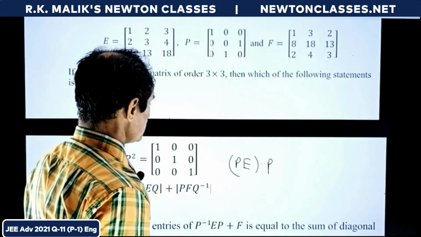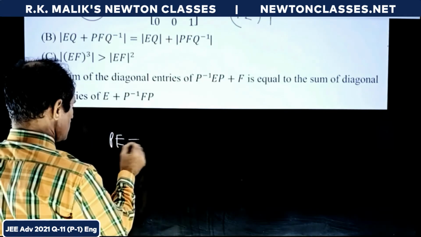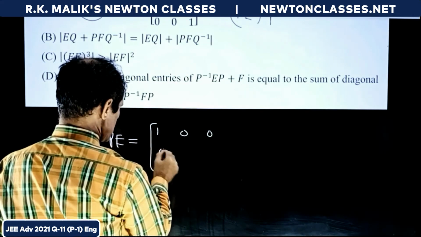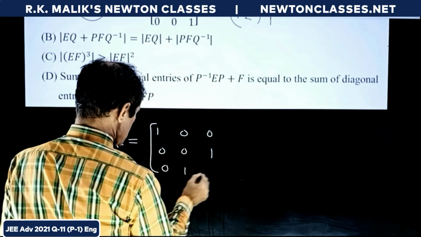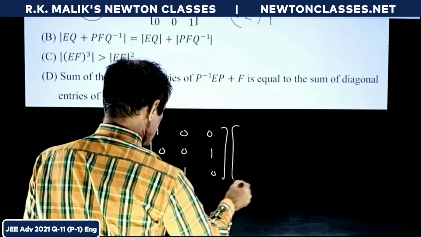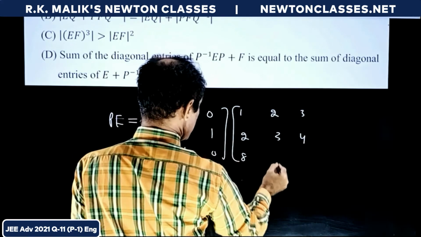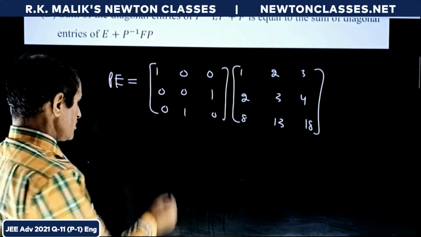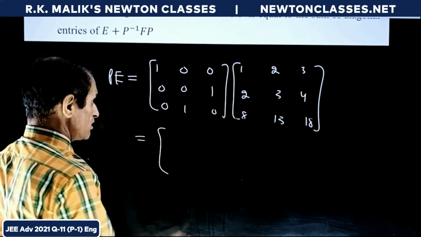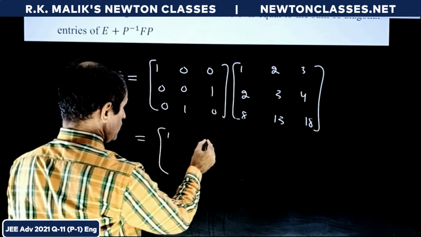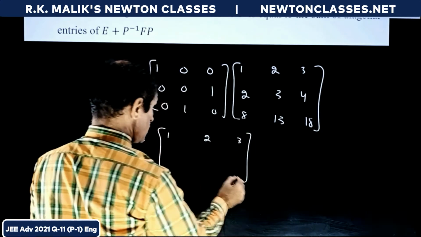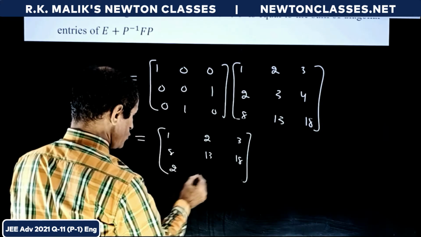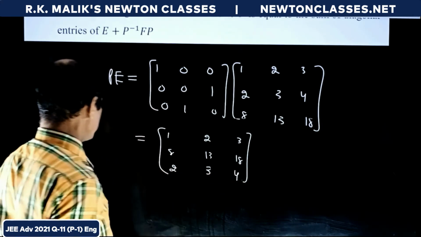Hence, directly I can say PE, that is 8, 13, 18, and result will be 1, 2, 3, 8, 13, 18, 2, 3, 4.